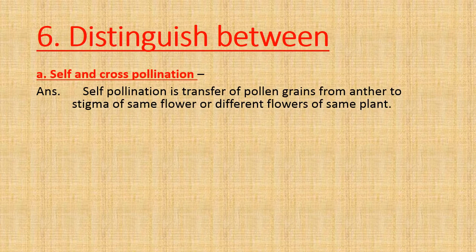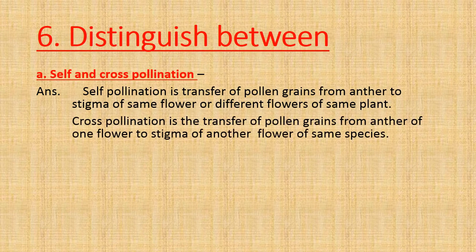Here pollination will occur in the same plant. Flowers can be different but the plant will be the same. But in cross-pollination, it is the transfer of pollen grains from the anther of one flower to the stigma of another flower of the same species, not from the same plant. Got it? So this is the difference between self-pollination and cross-pollination.